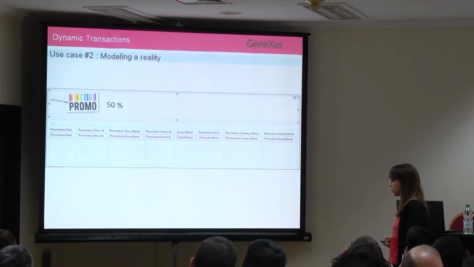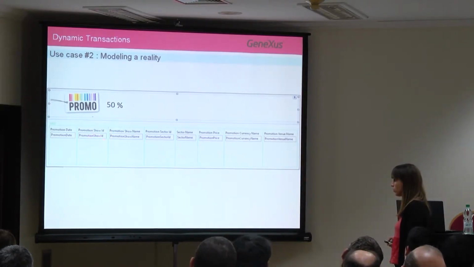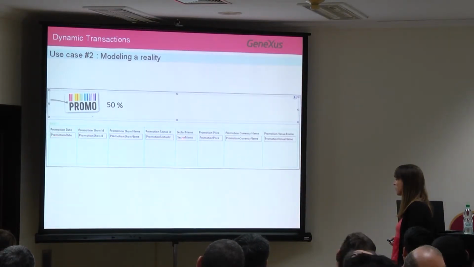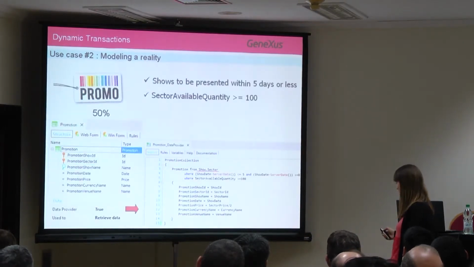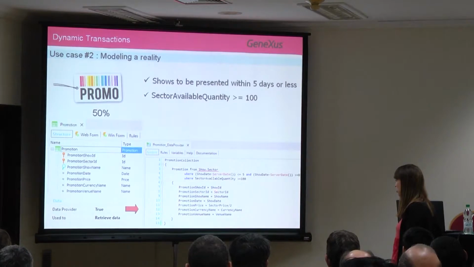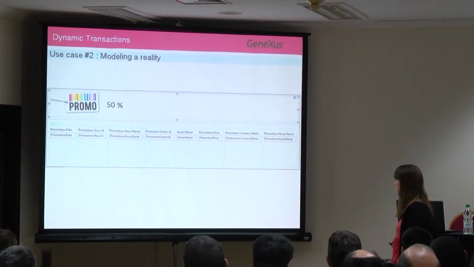As you can see, I've ordered it as I wanted, for a user. Let's see it when you run it. But all this is promotion, except here, sector name. So I took advantage, as I said, that GeneXus knows that this is the key, that this is the information. It knows it's a sector in the show, and then the attributes of the base table can be used directly.